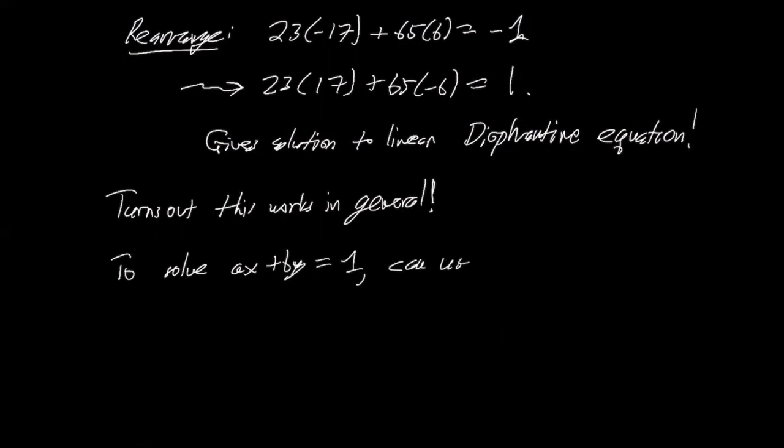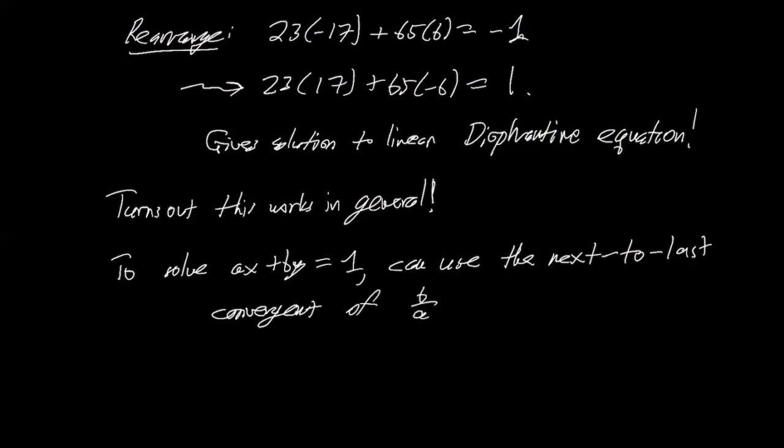I'd have to write it out much more carefully, but when I say use it, I mean use it like we did above. The next to last convergent of, let's just say, b over a. Suppose b is greater than a. It doesn't really matter. You could actually do it the other way around.